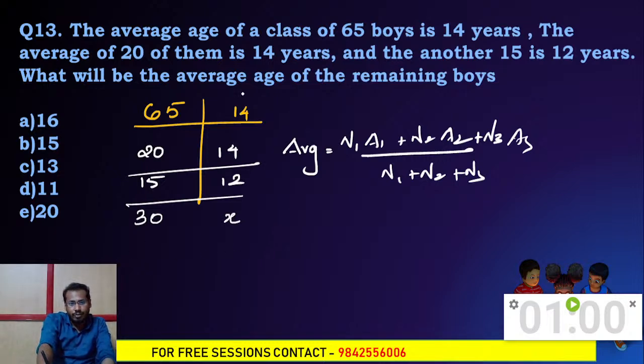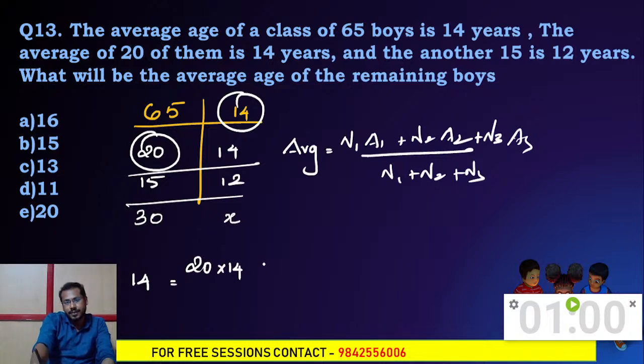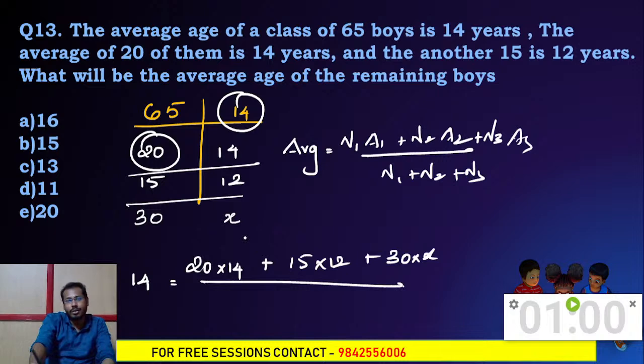The overall class average is 14. So N1 is 20 into 14, plus N2 is 15 into 12, plus N3 is 30 into x, divided by the total number of students, 65.